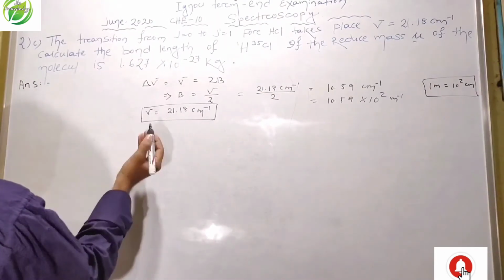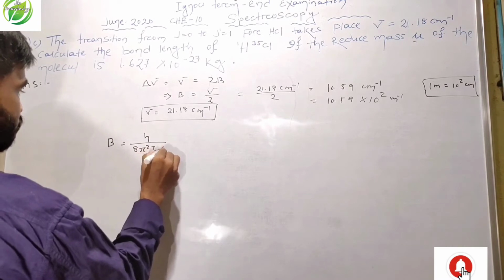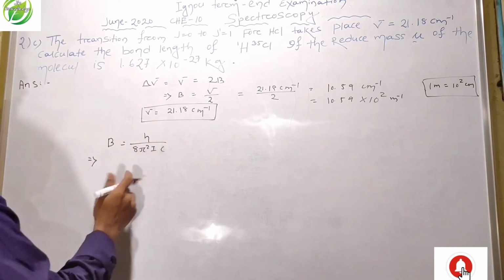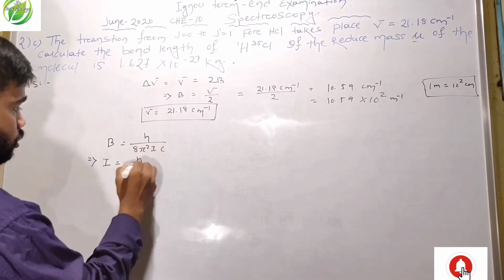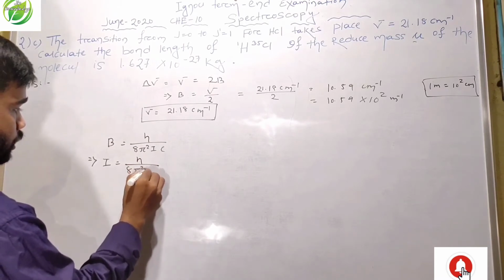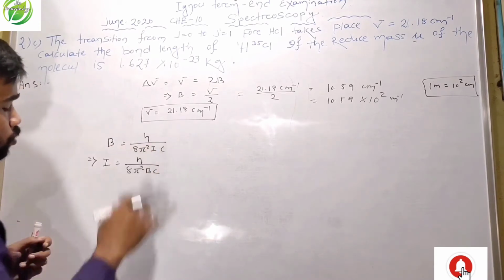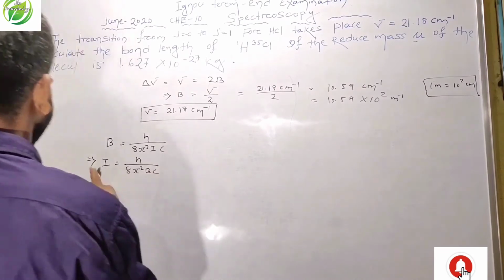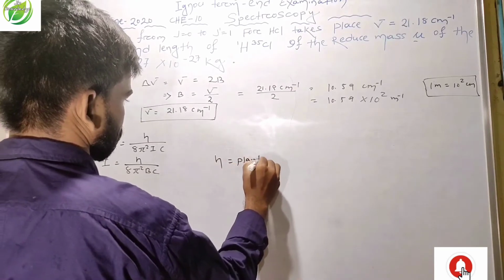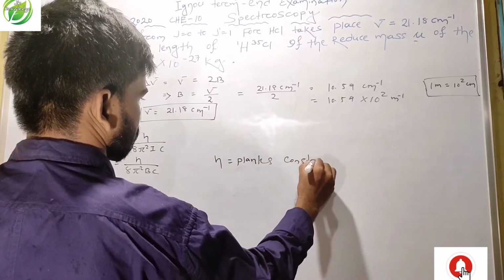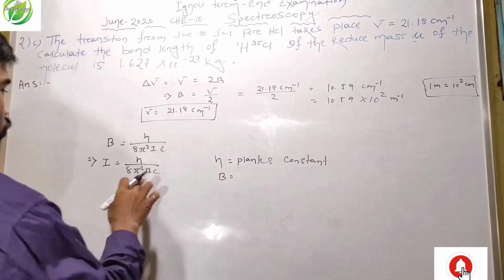Friends, we know the value of B is h/(8π²Ic). So to find I, we take B to this place: I = h/(8π²Bc), where h is the Planck constant and B is the rotational constant.